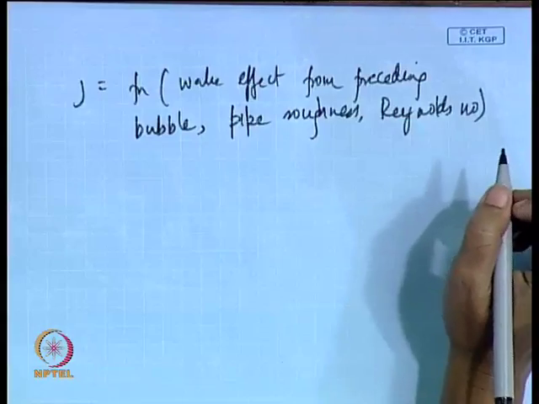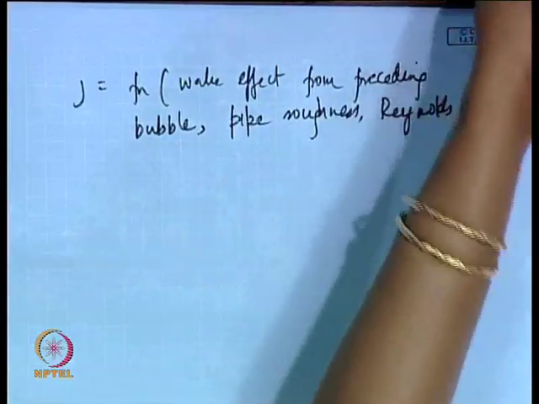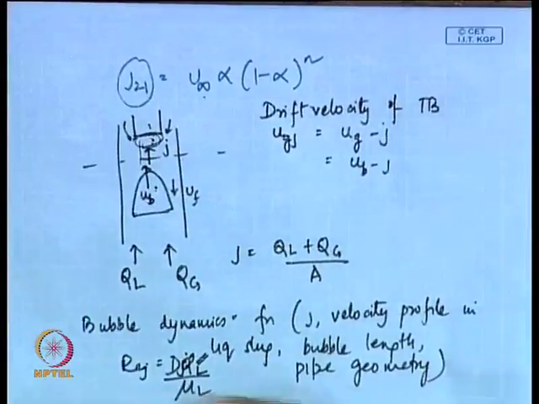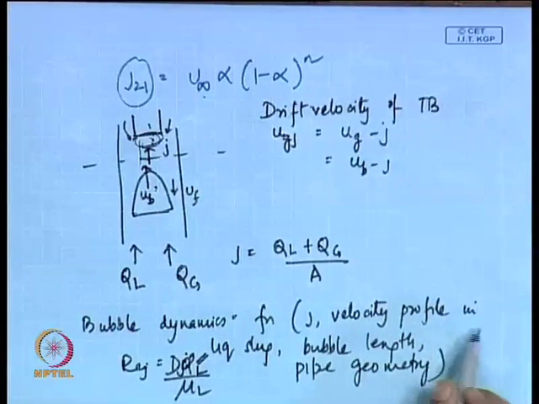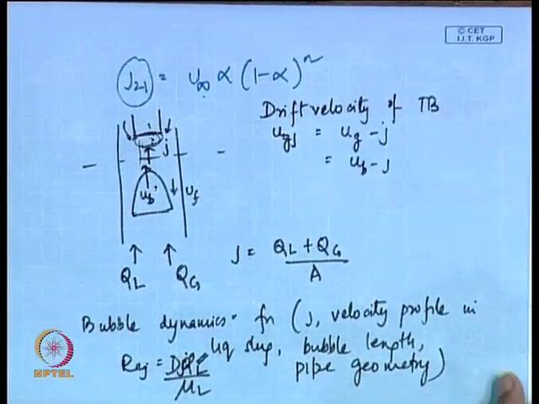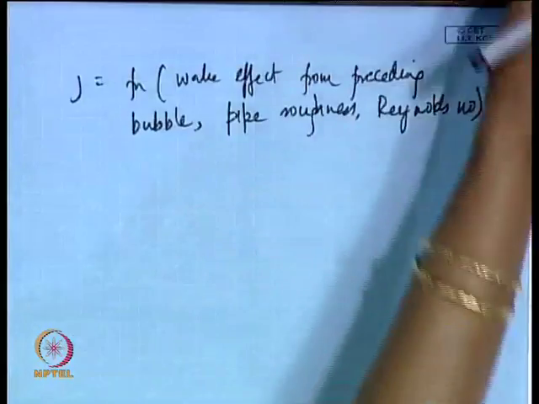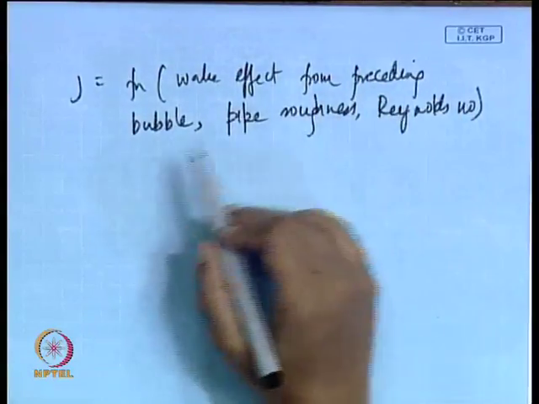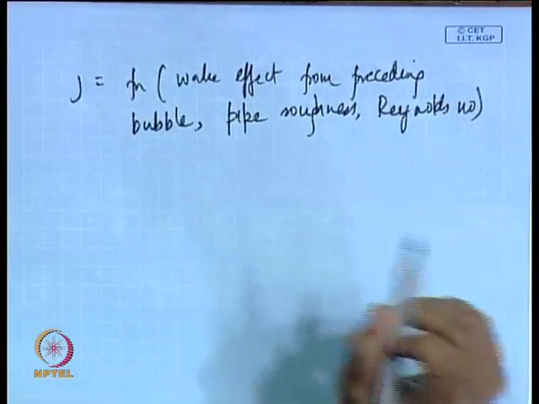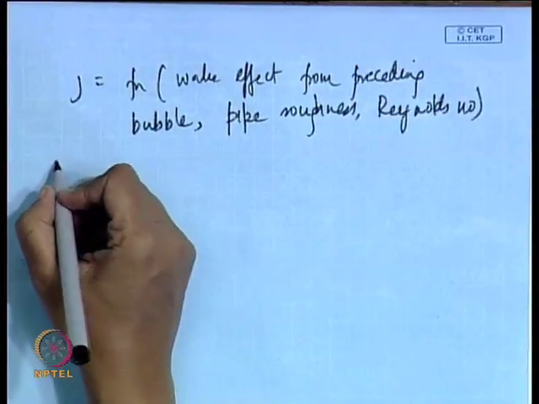isn't it? So, therefore, we find that if we compare whatever we have written, bubble dynamics is a function of volumetric flux, velocity profile in the liquid slug, bubble length, pipe geometry, and since it depends upon J, it will also depend upon the wake effect from the preceding bubble, pipe roughness, Reynolds number, etc. Therefore, what do we find?